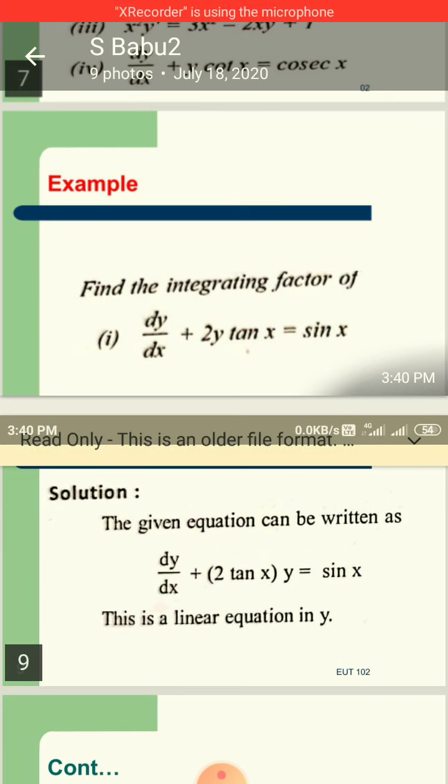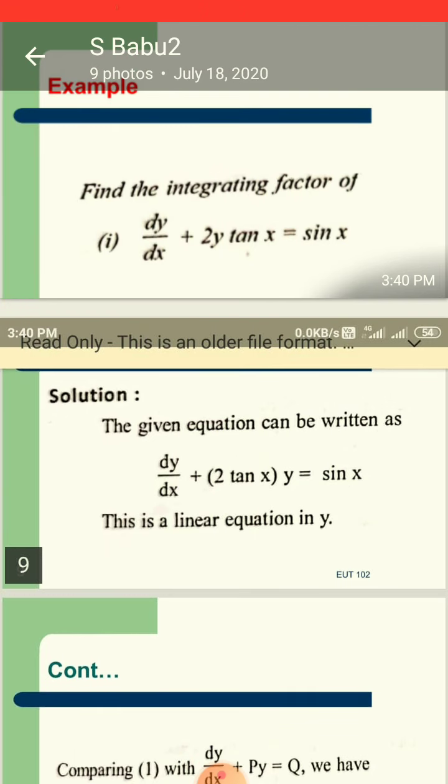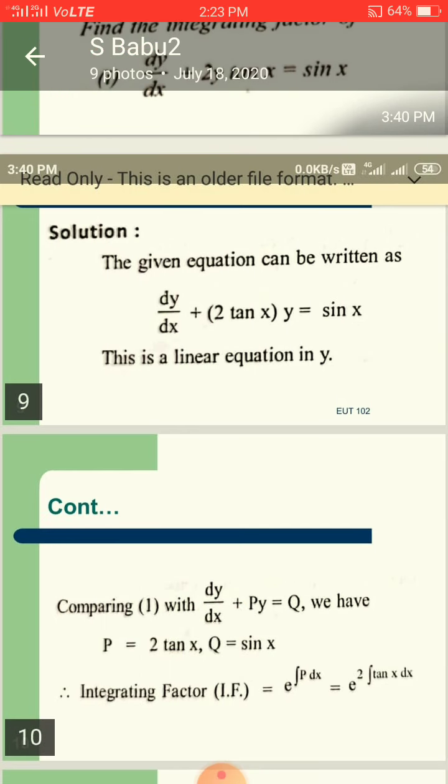Now we write it in the form of a linear differential equation. What form can you get? dy by dx plus 2 tan x in a bracket into y is equal to sin x. This is a linear equation in y.